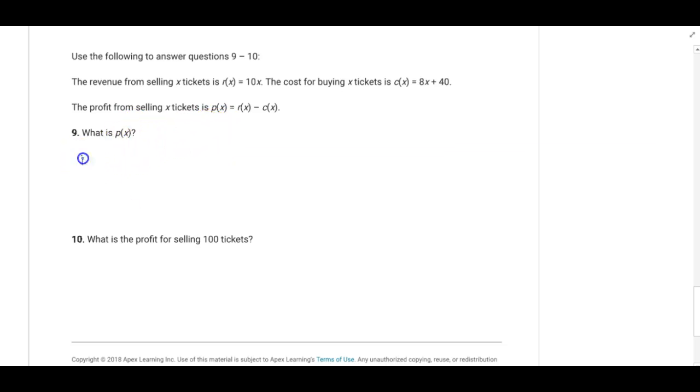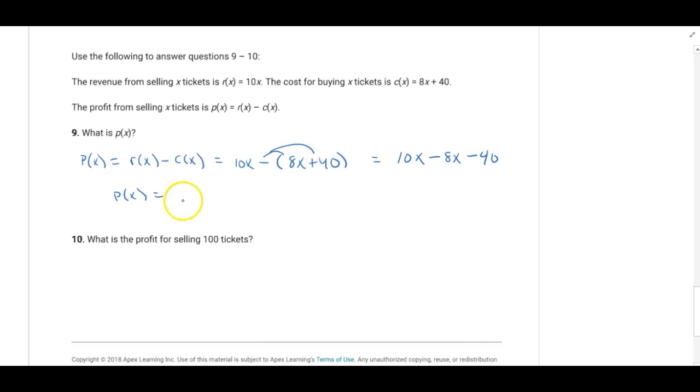Well, P of X, you have to understand, is R of X minus C of X. So in this case, it would be 10X minus 8X plus 40. So when I go to evaluate P of X, I'm going to do 10X minus 8X minus 40, because I have to distribute this minus sign. So it's going to be 10X minus 8X is 2X, and then minus 40.